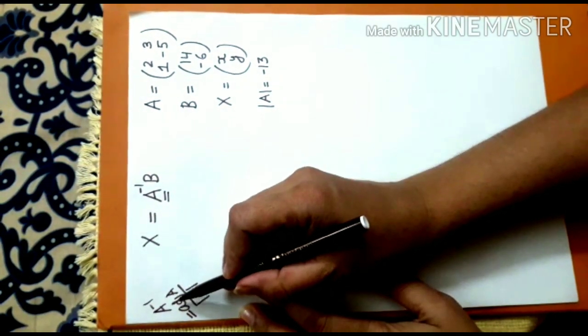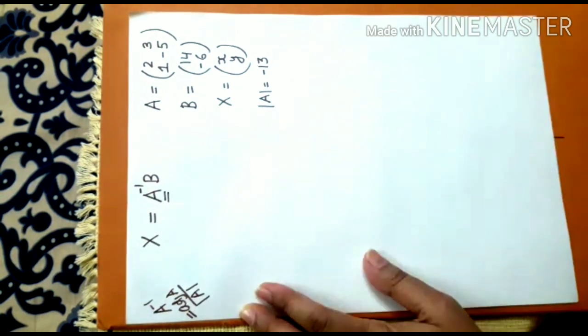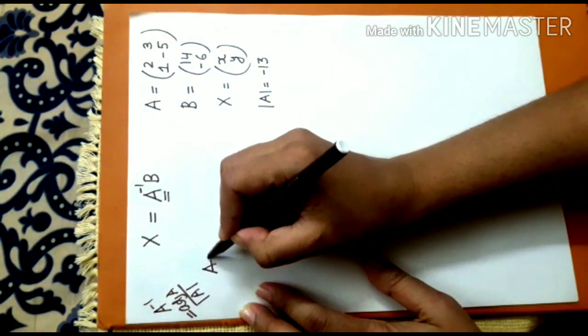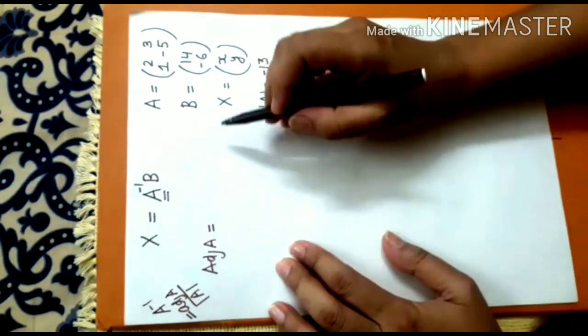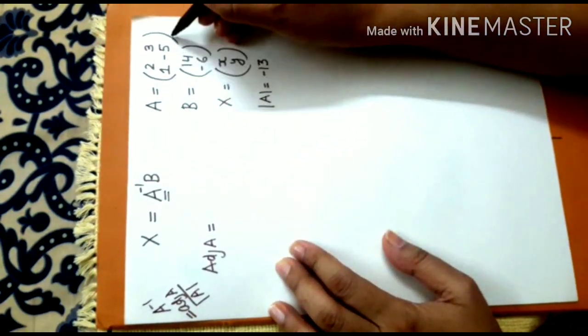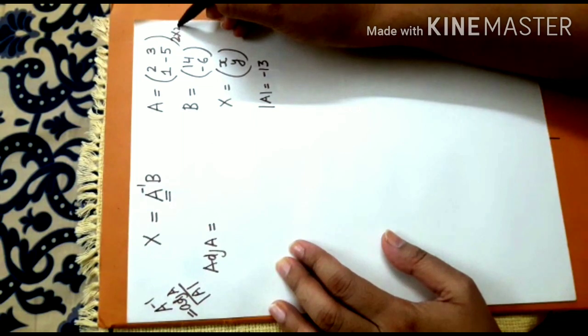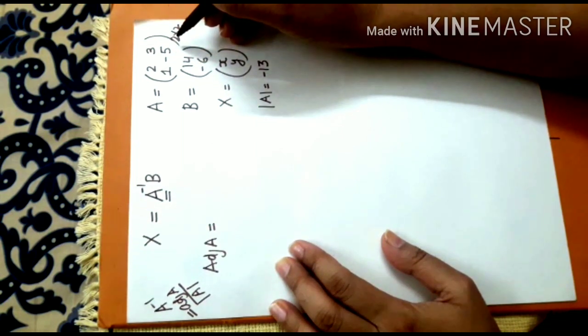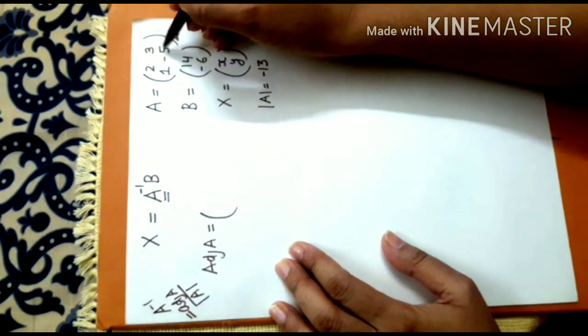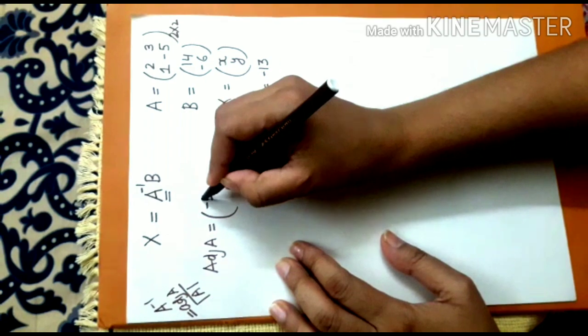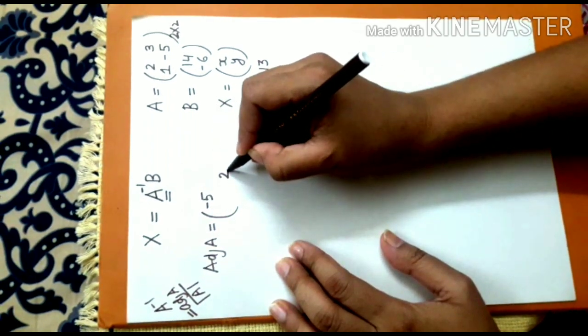So I need to find the adjoint of A. Now look here. A is a 2 by 2 order matrix. And in a 2 by 2 order matrix, we know how to write the adjoint. Yes, we interchange these two elements. So minus 5 here, 2 here.